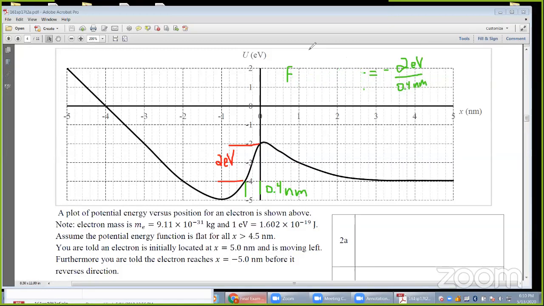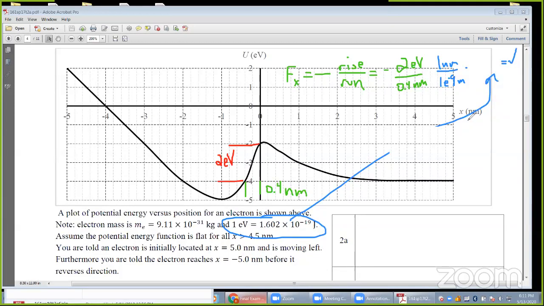And then you do your conversion factor. 1 nanometer is 1 E negative 9 meters. And then use this conversion factor as well. Equals the answer. Got it?